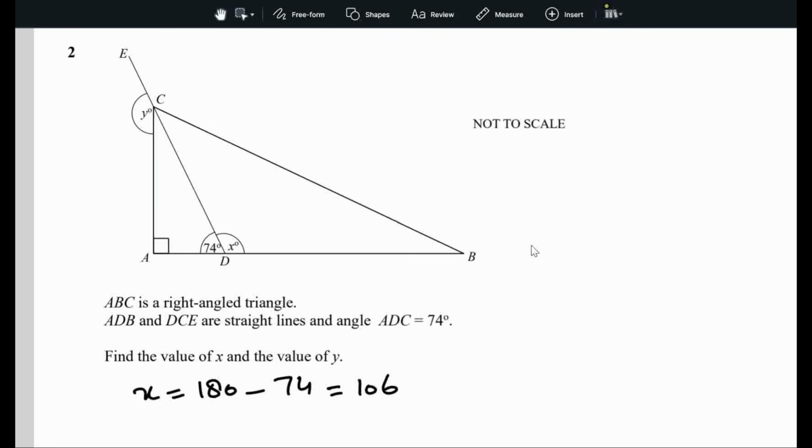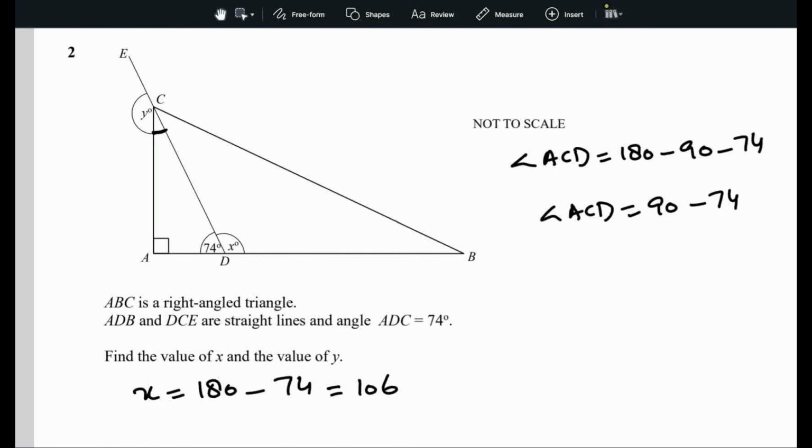For y, we know that angle ACD will be equal to 180 minus 90 minus 74. So angle ACD will be equal to 90 minus 74, which means this will be equal to 16.